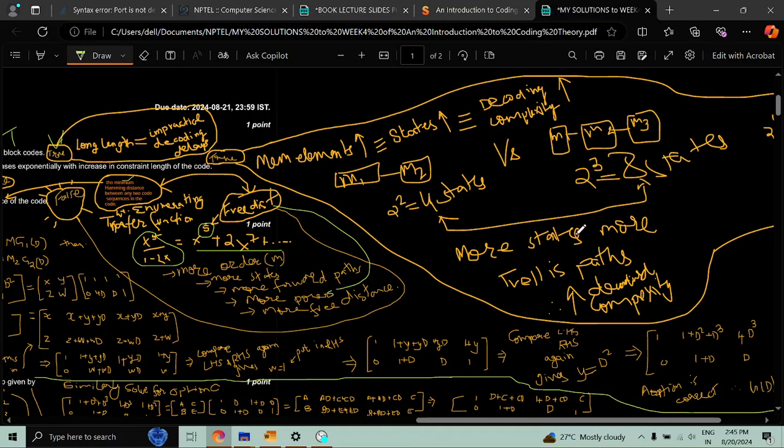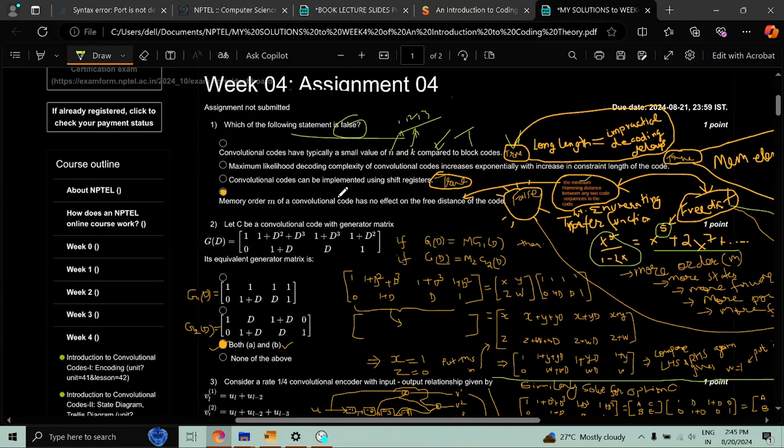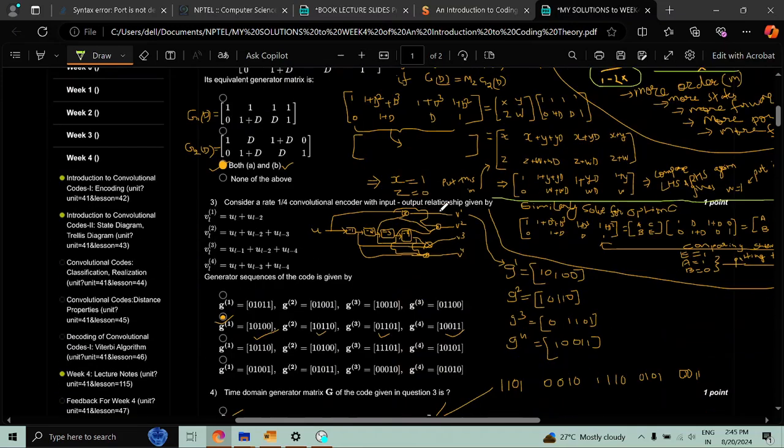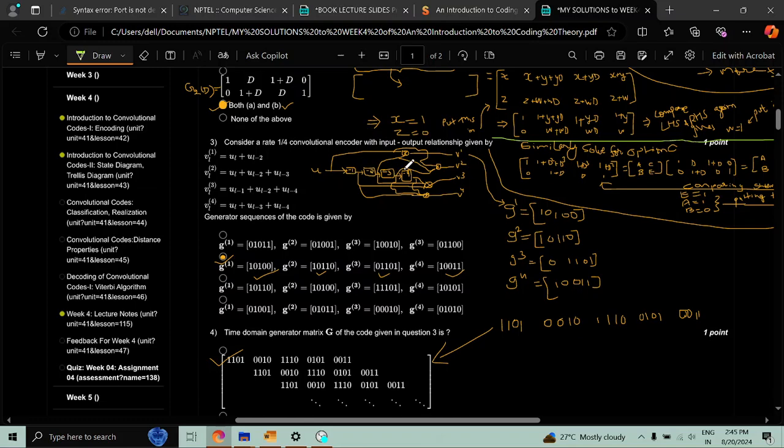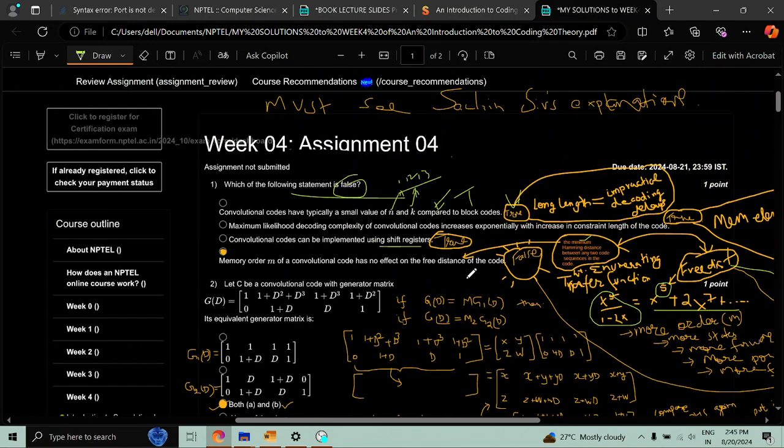More states implies more paths on the trellis diagram, so decoding complexity will increase. So this is true. Convolution codes can be implemented using shift registers. Yes, shift registers are used to make these memory elements work by shifting bits. So these first 3 statements are true.